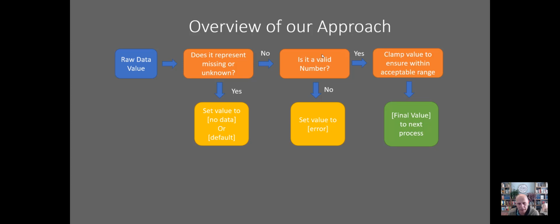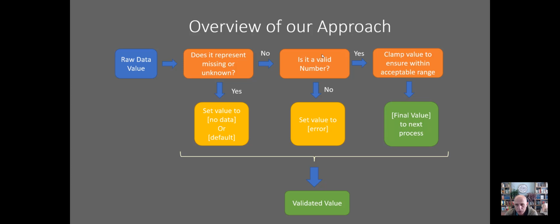So we're going to have these three possible values that will be passed forward into our validated value, which is then ready to go into whatever downstream processes we have. So as you can see, it's not that straightforward to just check numerical values. So I'm going to now go in Excel and show you how we do these checks and these calculations.